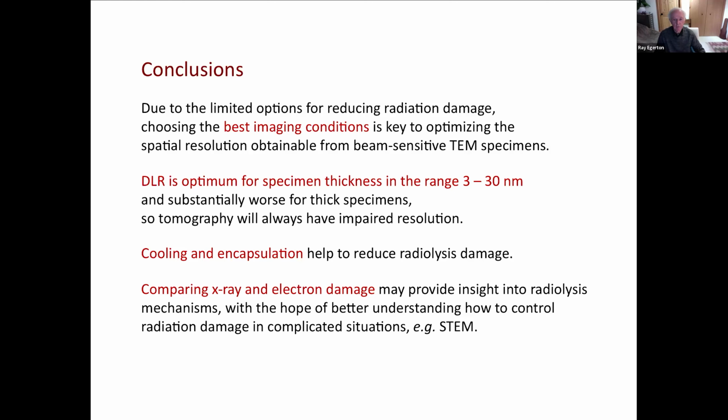It tends to have values in the range 3 to 30 nanometers, not angstrom units, for a beam-sensitive specimen. Cooling and encapsulation are useful measures to reduce the radiolysis, and comparing radiolysis of electrons and X-rays by either calculations or experiments, I think, might provide us greater insight into the radiolysis mechanism and maybe even suggest situations that can minimize the damage.